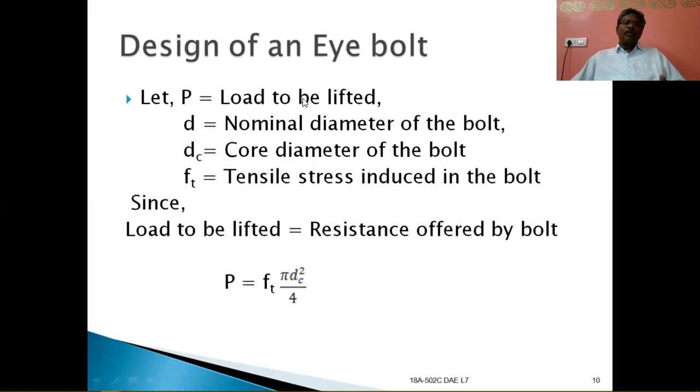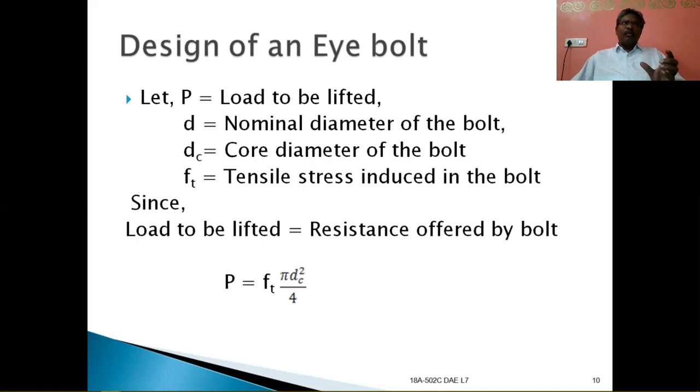So P will be the load to be lifted, D will be the nominal diameter of the bolt, DC will be the core diameter of the bolt, and FT, or sometimes we may take this as sigma T, the tensile stress induced in the bolt. As I told you, whenever a load is acting on the body, that should be resisted by the body. Otherwise, it may fail.